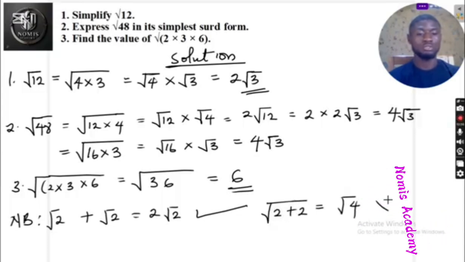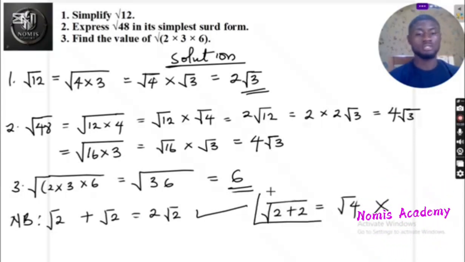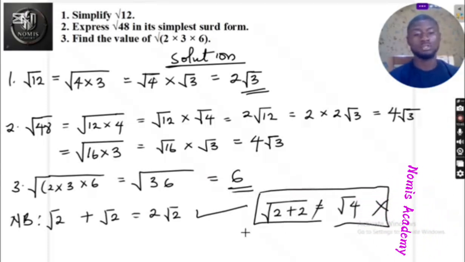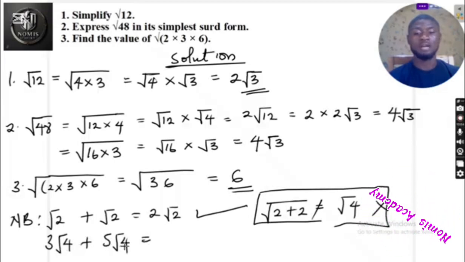No, this is wrong. It is wrong to say that the left hand side is equal to the right hand side. So this is not equal. I can say that root 2 plus root 2 is equal to 2 root 2. Likewise, 3 root 4 plus 5 root 4, since they both have the same root, is equal to 8 root 4. So this is accepted, that is correct.